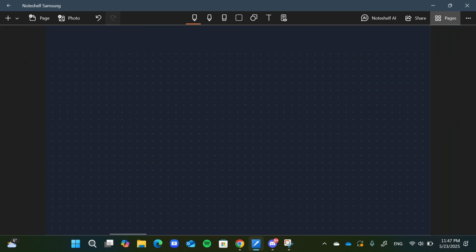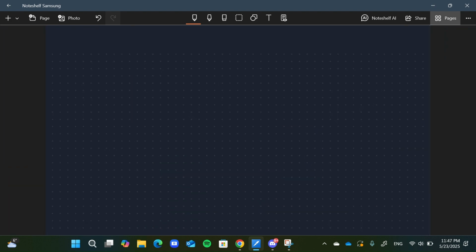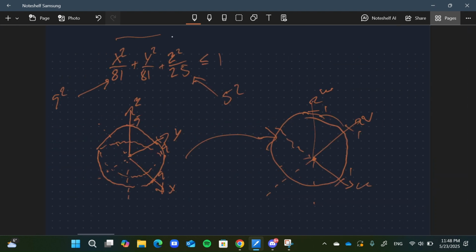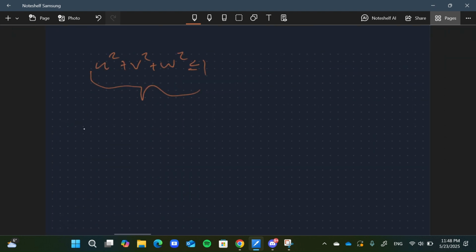This transformation is the one where, for our value of u, if we put it into x, we should get simply u squared. And how do we get that? Because our goal is to get u squared plus v squared plus w squared less than or equal to 1, because this would be a sphere. And right now we have an ellipsoid here. So the substitution we need to make is actually this one.